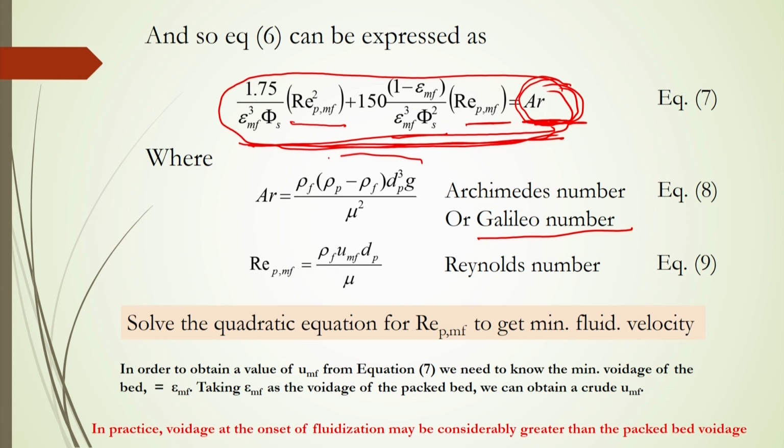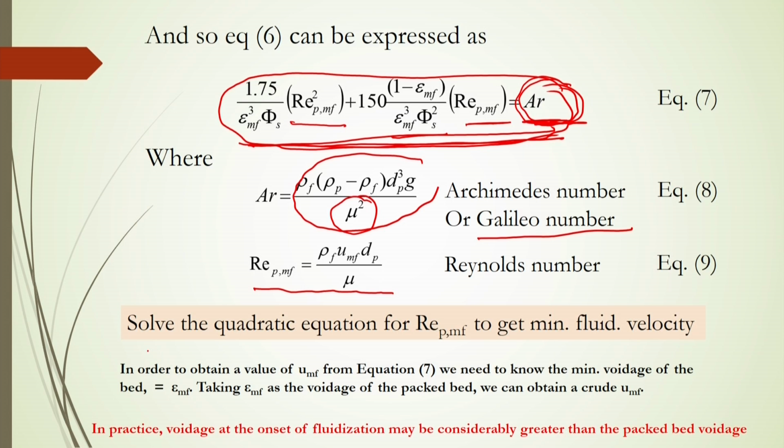The Archimedes number is defined as rho f into (rho p minus rho f) into dp cube into g divided by mu square. Mu means viscosity here. And the minimum Reynolds number is rho f u mf into dp by mu.